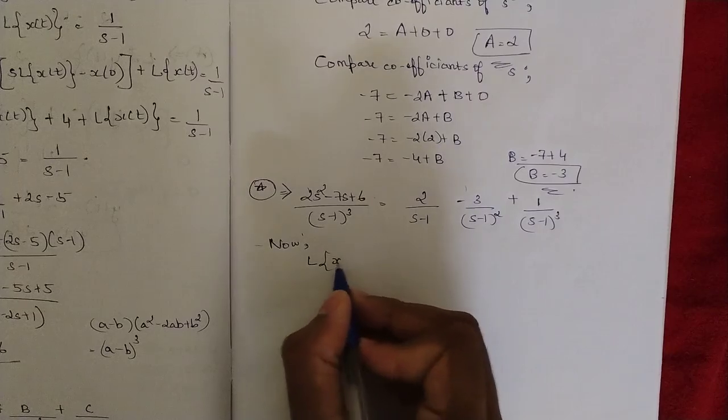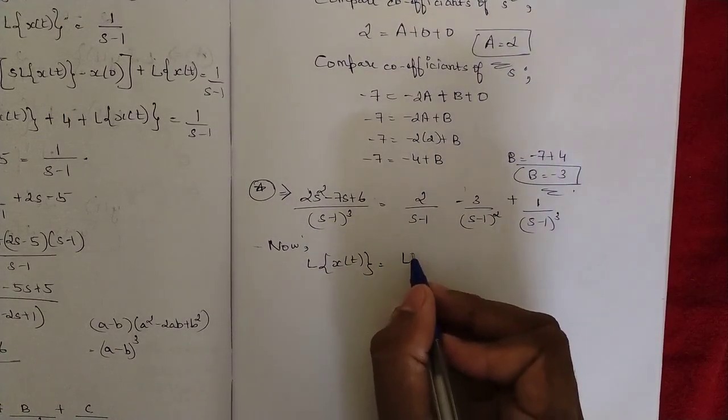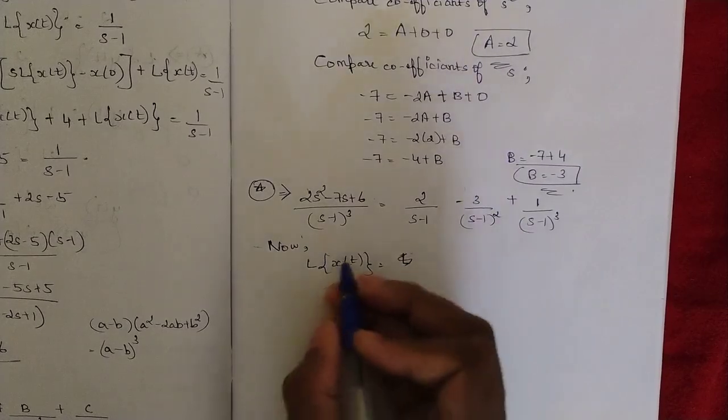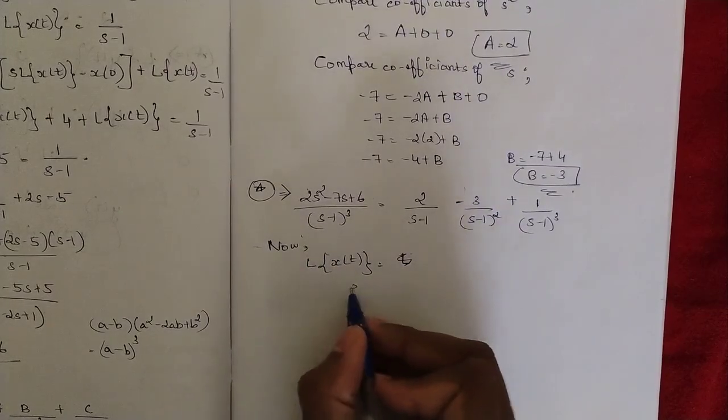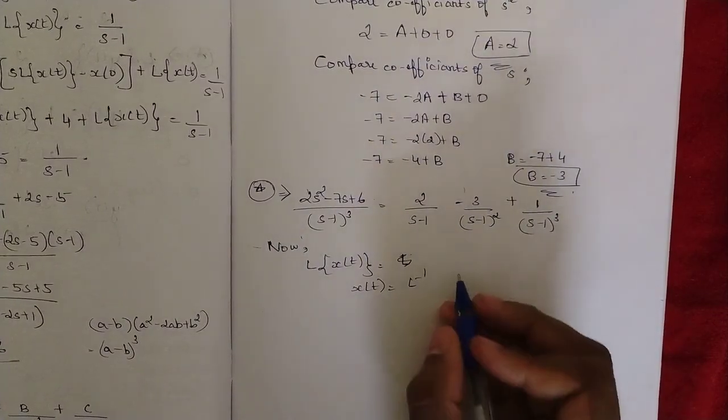L of x of t is equal to this term. So if you want to find only x of t, then you should be taking the inverse Laplace transform on the other side, right?